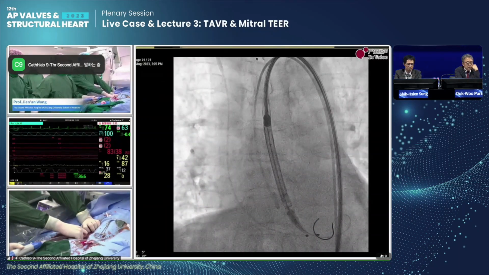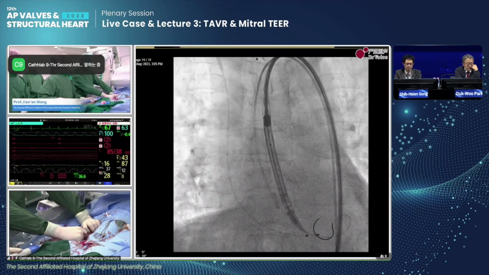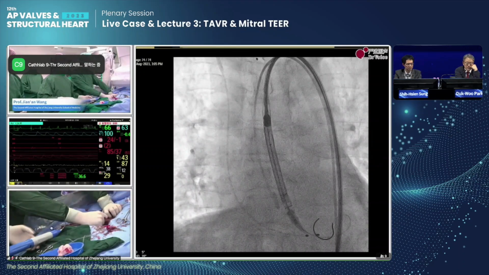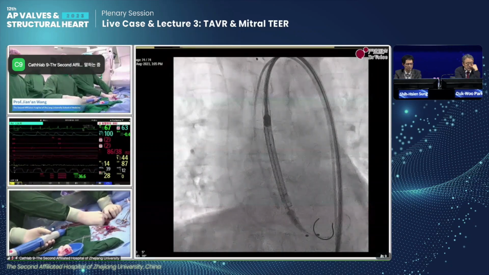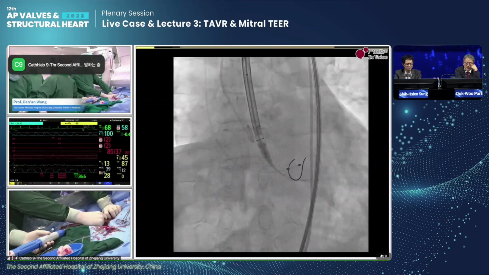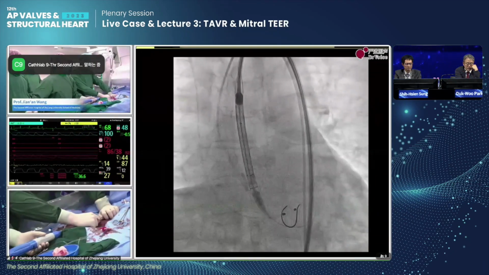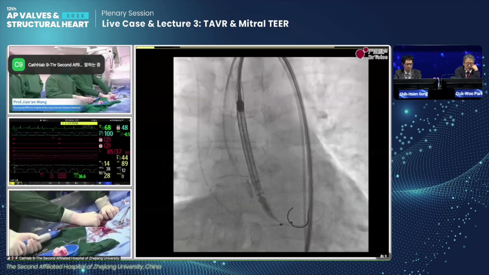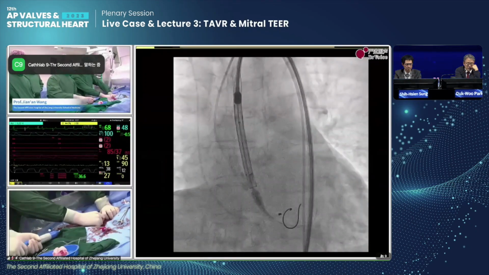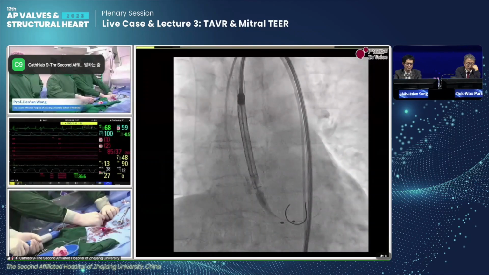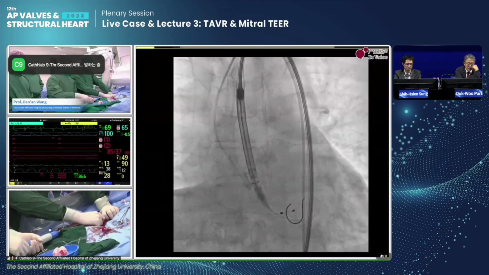For the patient, the cusp overlap view is RAO 5 or 6, caudal 20 maybe. Now, step by step, we gradually release.